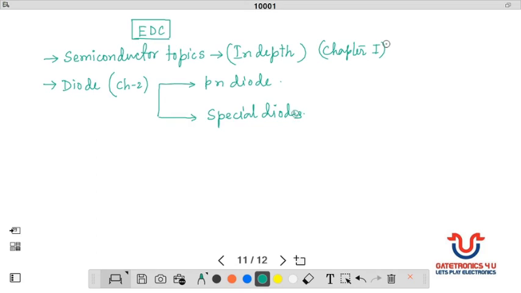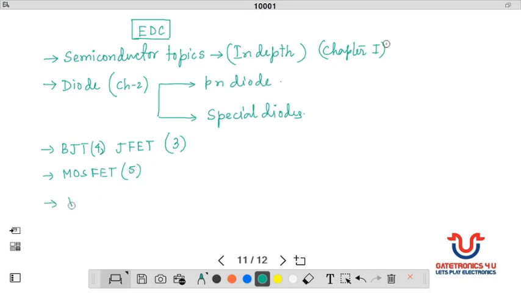There are different types of special diodes: impatt diode, Gunn diode, GaN diode, etc. Next we'll go for the bipolar junction transistors. Then we'll go for the MOSFETs. Before that we will go for the junction field effect transistor. So it is our chapter 3, and this will be chapter 4, and this is chapter 5.